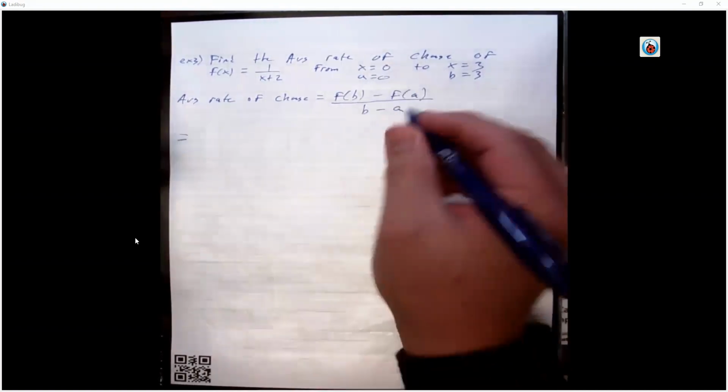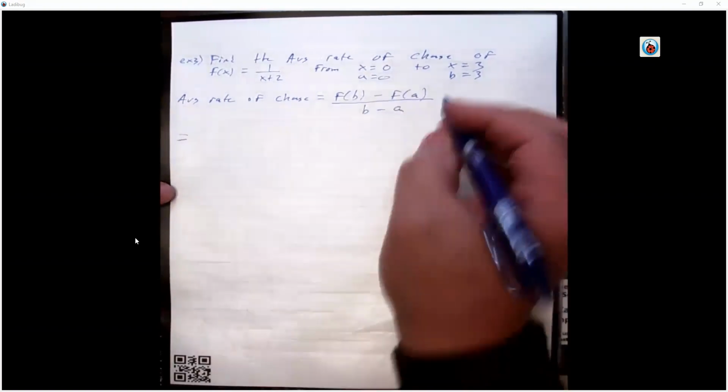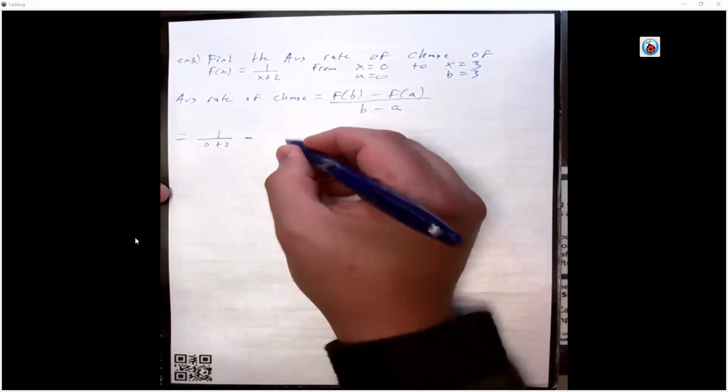So here we go. Plug in your B. That will be 1 over 3 plus 2, minus, oh yes, thank you. A is 0, B is 3.